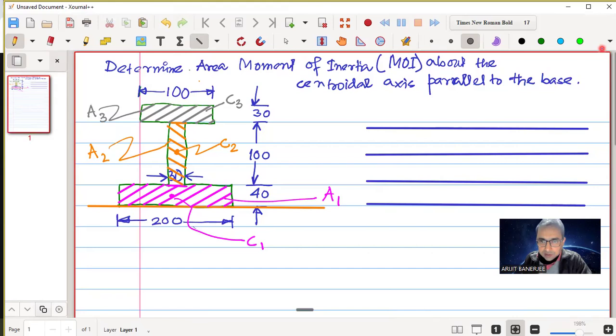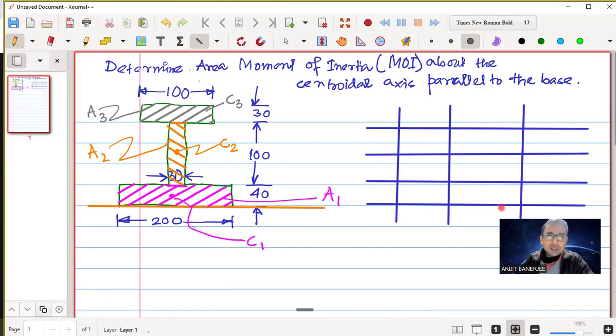So that means first serial number, then we have area, value of area. Then value of x coordinate, and then value of y coordinate. Although x coordinate is not needed because x is always on the center line. This is a symmetrical object.